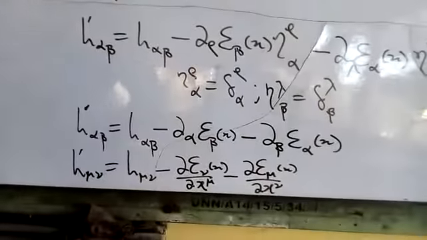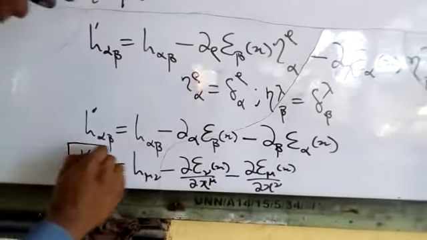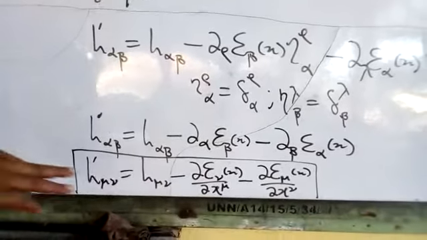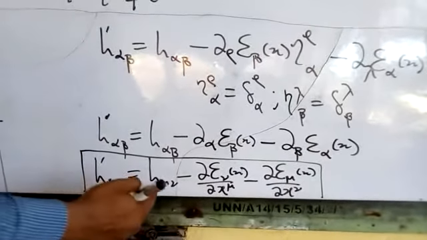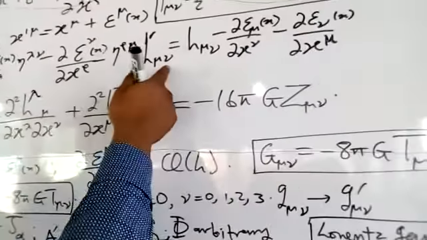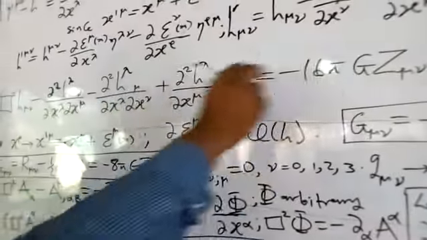So we have just been able to show this expression, and this is what we've got. And like we have said, given this expression, for every h mu nu that satisfies this Einstein field equation, we can obtain an h prime mu nu that satisfies this Einstein field equation.